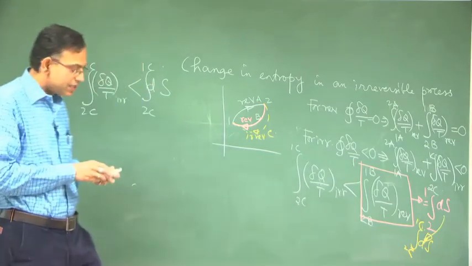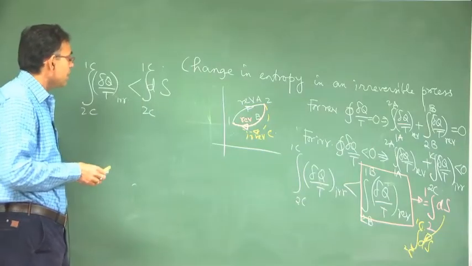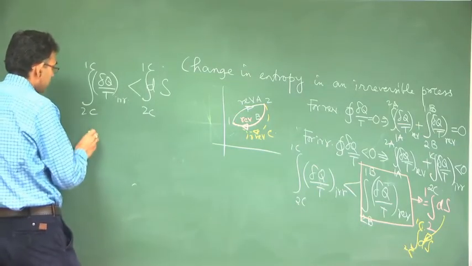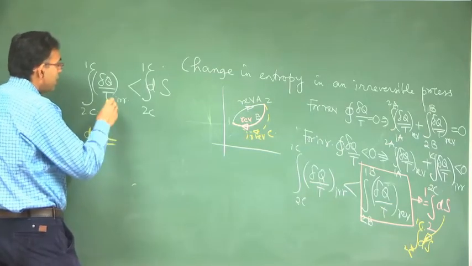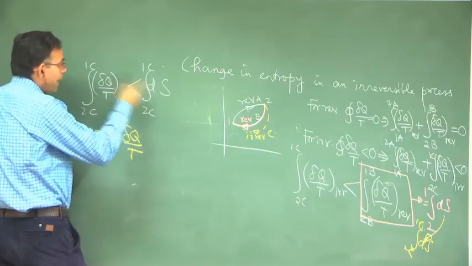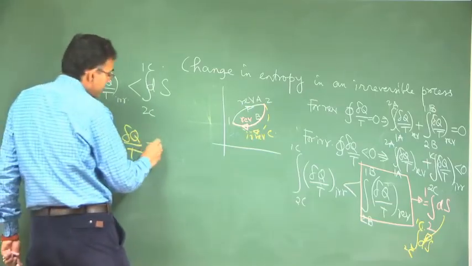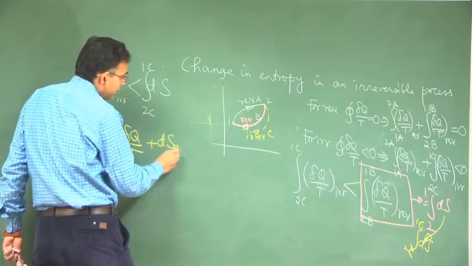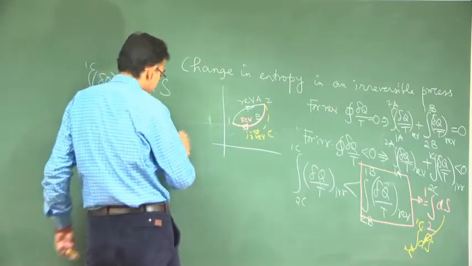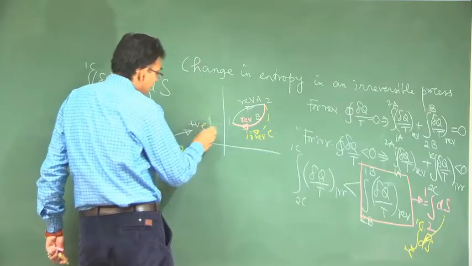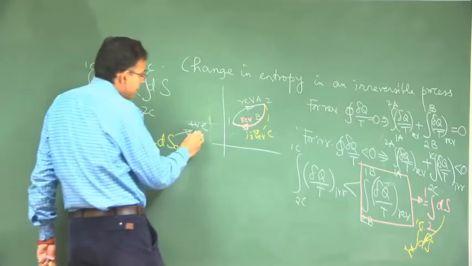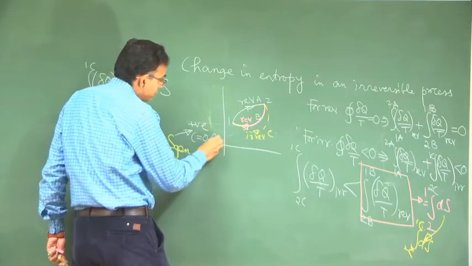So, we can replace this inequality with an equality by writing that ds for any arbitrary path is equal to del q by T plus a positive number. This is called entropy generation. So, this is greater than 0. It is 0 when the equality holds, that means it is 0 for a reversible process.